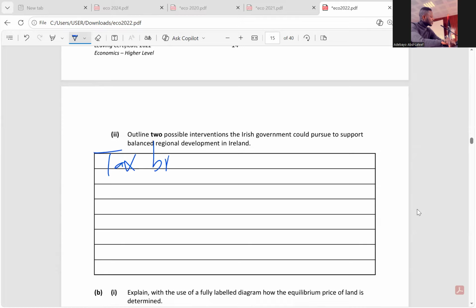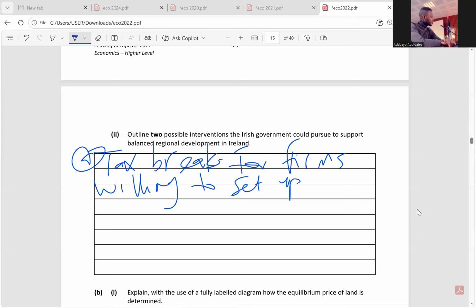A, tax breaks for firms willing to set up in remote areas.